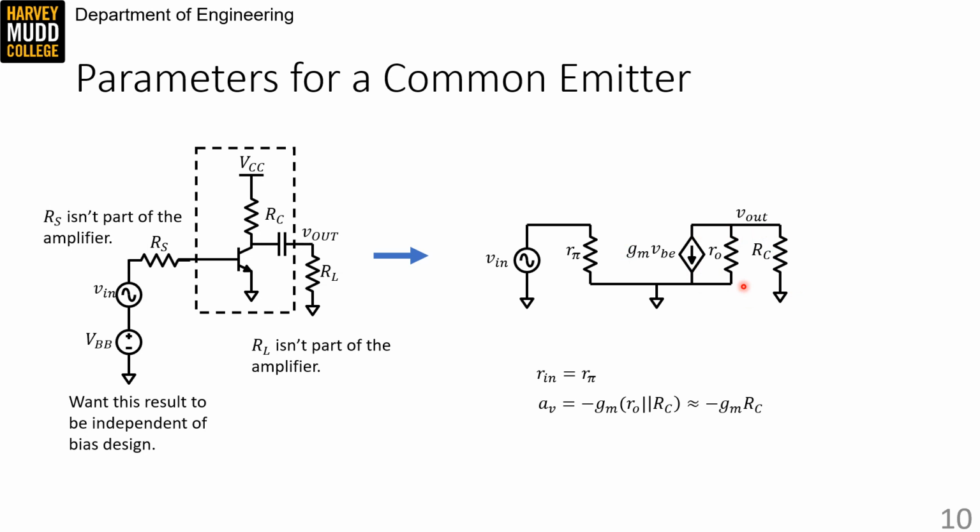Meaning that the gain overall is minus gm times the quantity Ro parallel RC. Ro is often much bigger than RC, so it's common to use minus gm times RC to describe the common emitter voltage gain in practice. When we're finding voltage gain, we assume Rs is 0 and RL is infinite, so this circuit is actually perfectly accurate for calculating voltage gain.